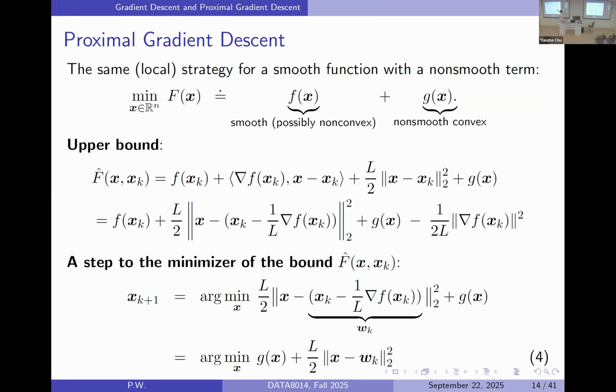Then you can write down the whole iteration like this. This is the subproblem, and it reduces to a very classical, easy to compute subproblem. For some special structures, this subproblem has a closed form solution.